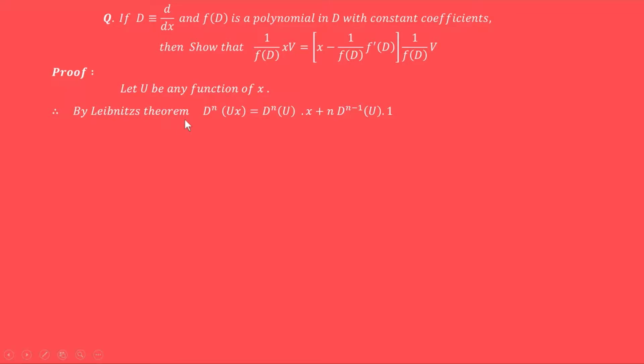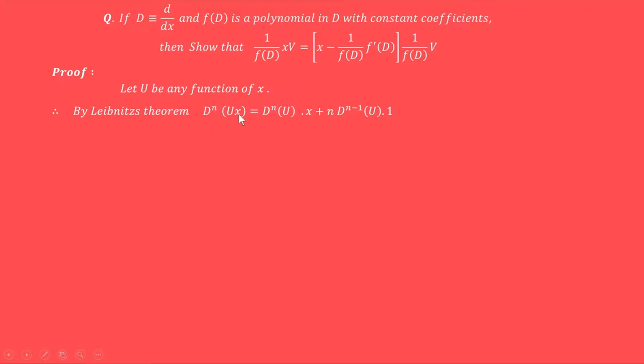Similarly, if instead of v we put x, then the nth derivative of u into x is equal to the nth derivative of u, x as it is, plus nC1, D raised to n minus 1 into u, then the first derivative of x, which is 1. In the next terms you require the second derivative, third derivative of x, but these are all 0.